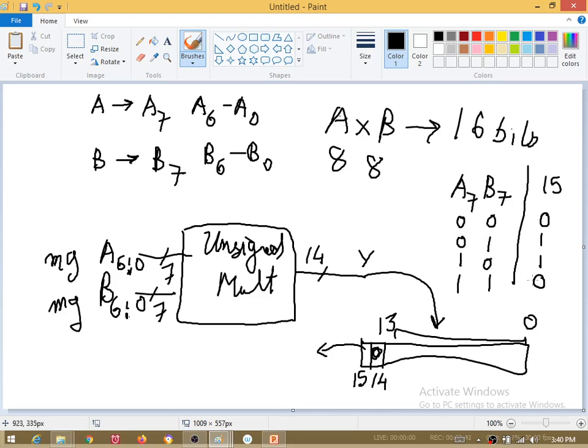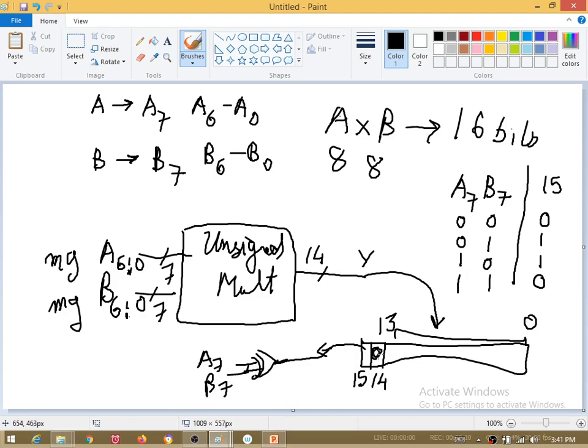So what does this look like? The truth table for this is the truth table for an exclusive OR gate, which means the 15th bit is nothing but an XOR between A7 and B7. So generate the 15th bit this way.